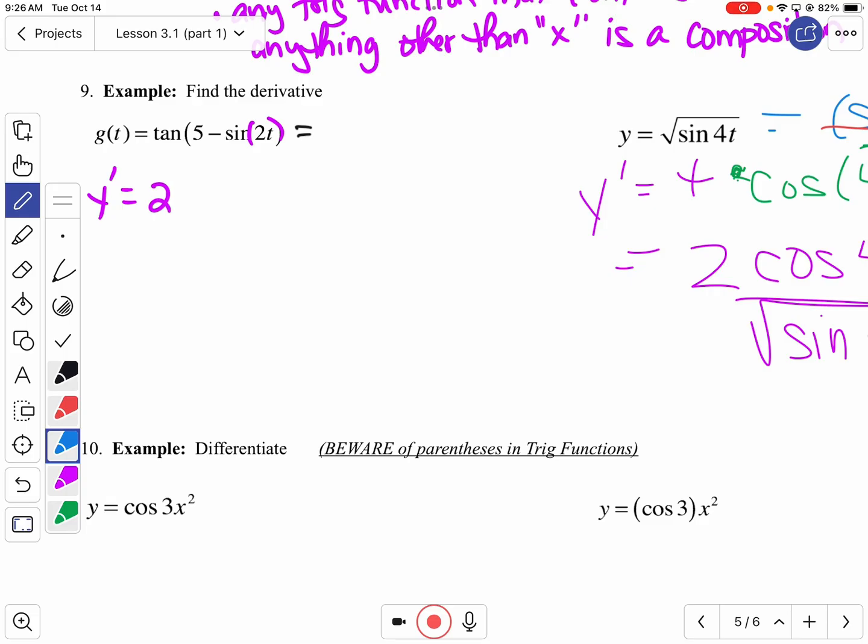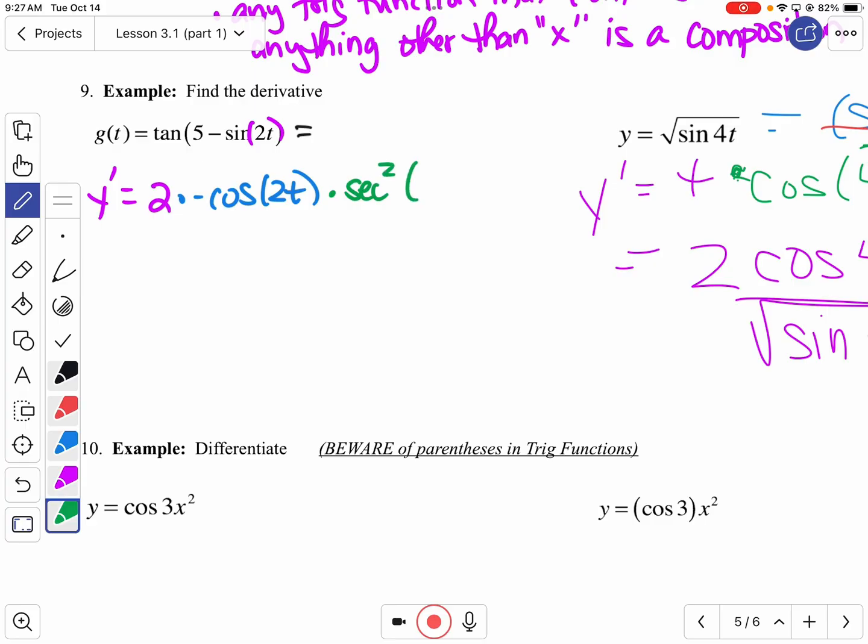So what's going to be the derivative of negative sine? Negative cosine. And I keep the 2t. Okay? The next most thing we have is tangent of all that. What's the derivative of tangent? Secant squared. Okay? It's secant squared.